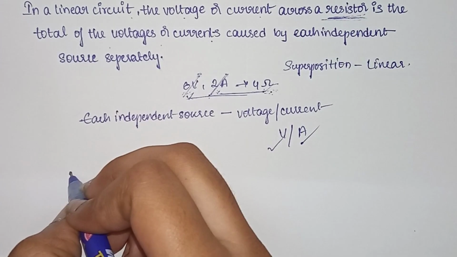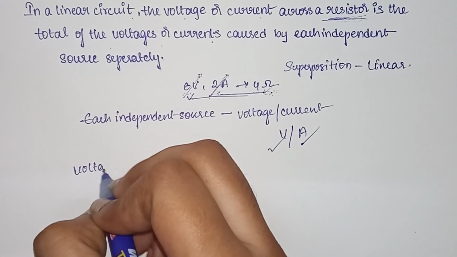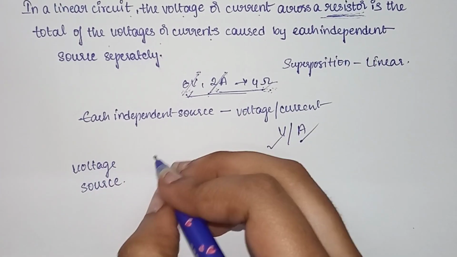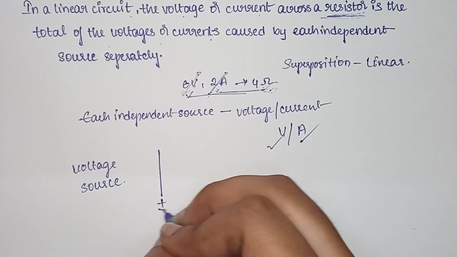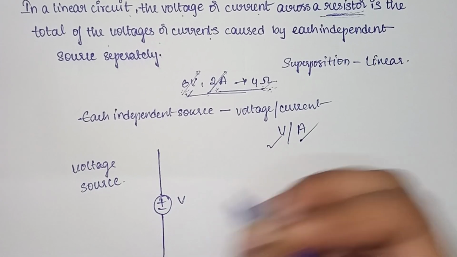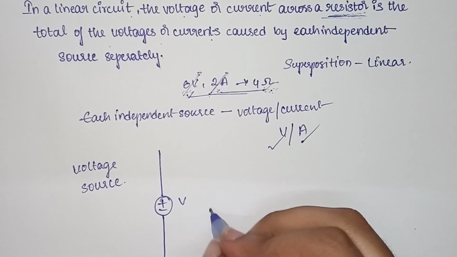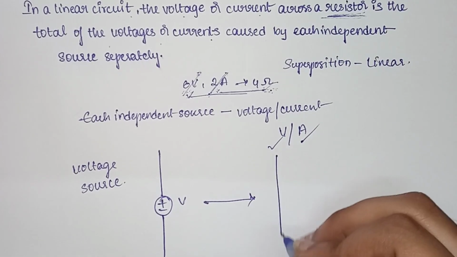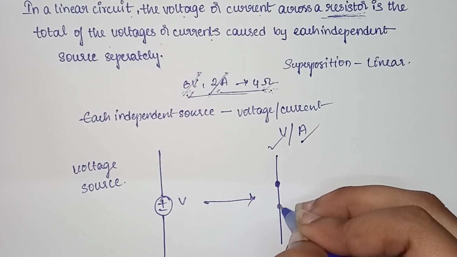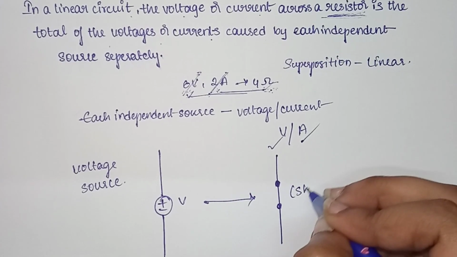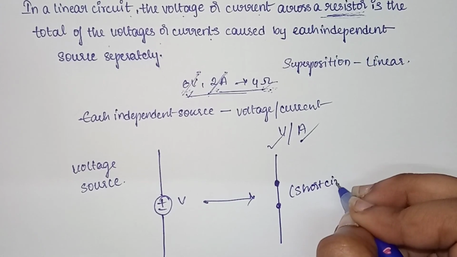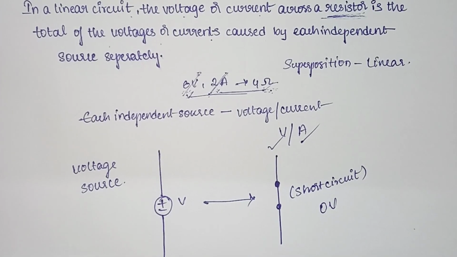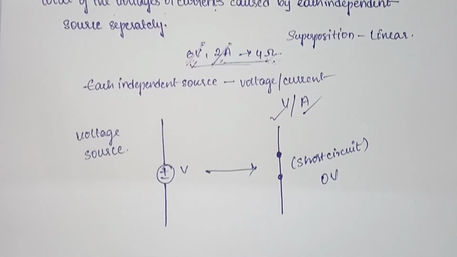If we are removing a voltage source, this will be our voltage source, and if we eradicate it, we will get a short circuit. Short circuit means it will be in this form. In this case, we'll have 0 volts if we apply a short circuit.